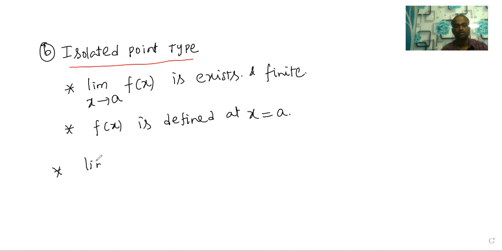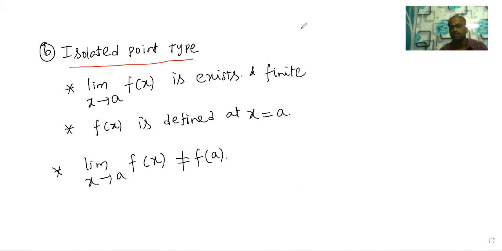But the limit of the function at a is not equal to the value of the function at a. So the graph of the function at x equal to a is situated isolated.